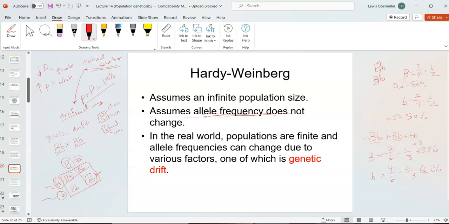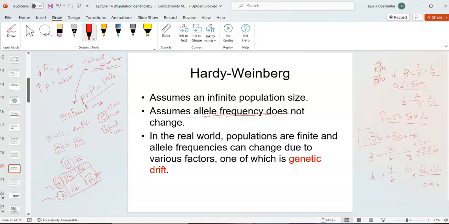Hopefully you know that 0.3333 is 33.3% and 0.6666 is 66.6%. So did the allele frequency change? Well, yeah, our original allele frequency was 50% for both big B and little b. So now big B is 33%, so big B went down, and little b is now 66%, so that went up.